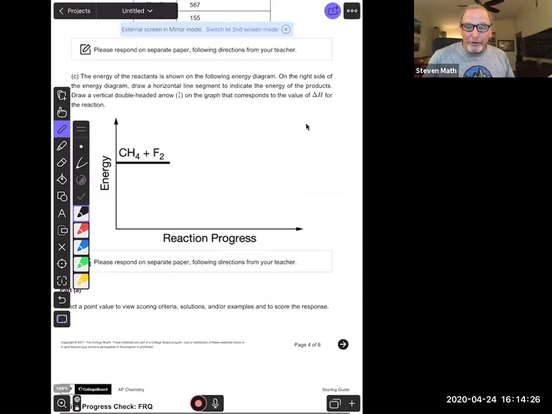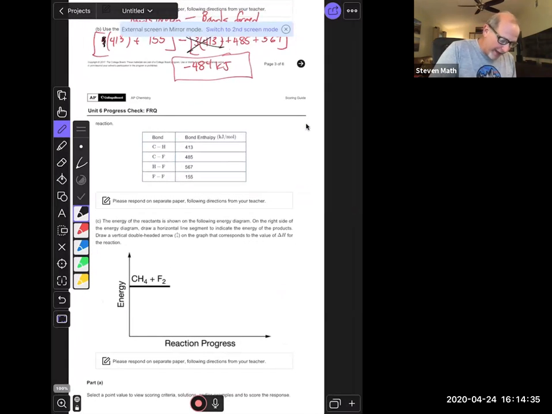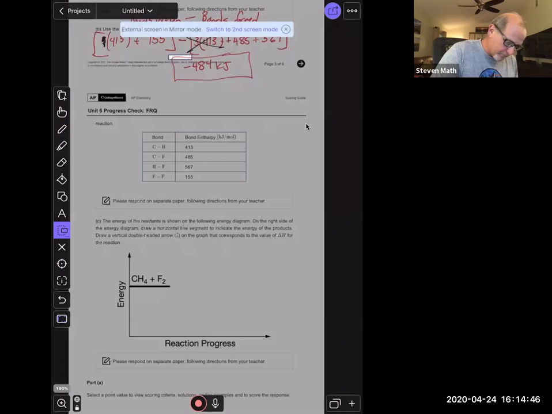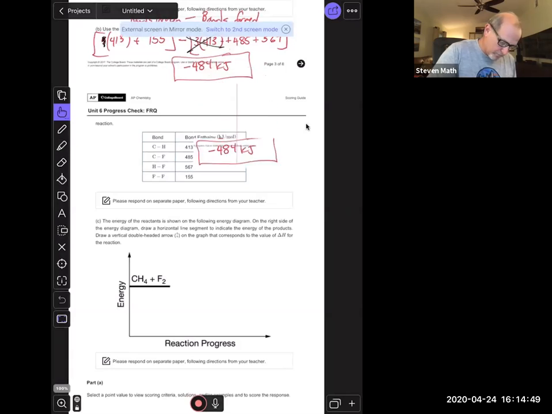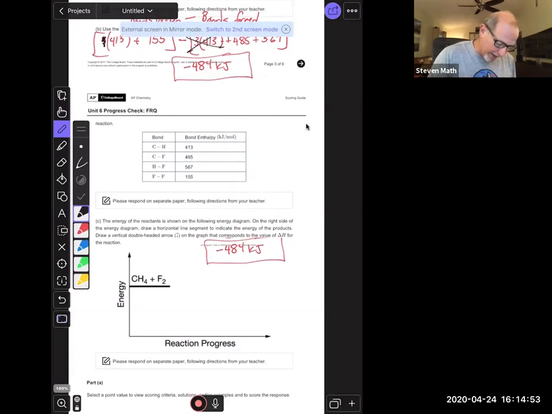How many of these have we seen in the last couple of weeks? A lot. And now what they want you to do is go back and use that number that we just calculated. It's exothermic. So what do we do with that? Well, we're going to have to give off a little bit of energy down here.